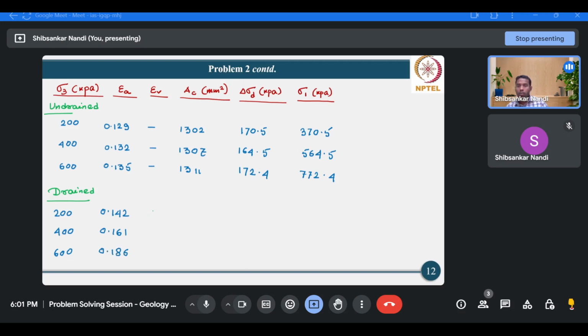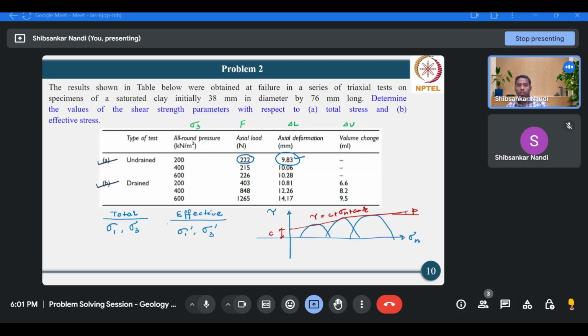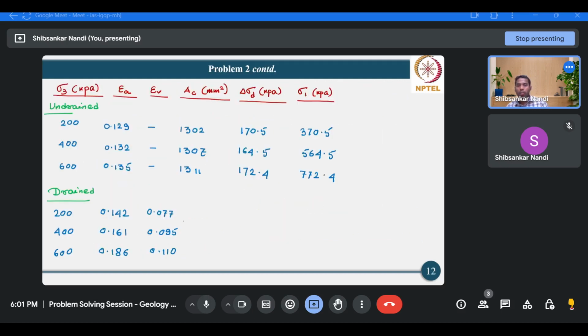So in this case the volumetric strain will not be 0: 0.077, 0.095 and 0.110. We have obtained this volumetric strain by dividing the change in volume by the original volume, that is, delta V upon V0.